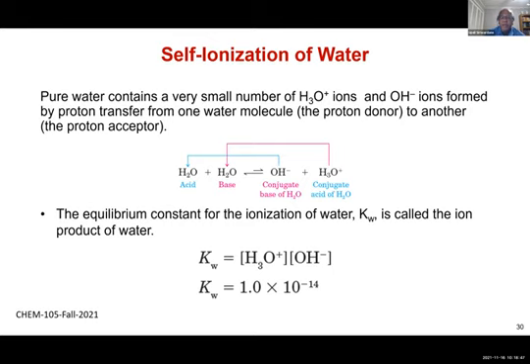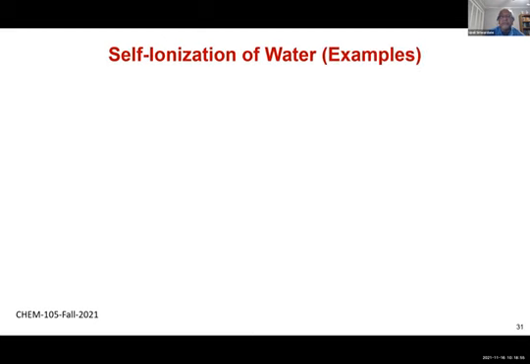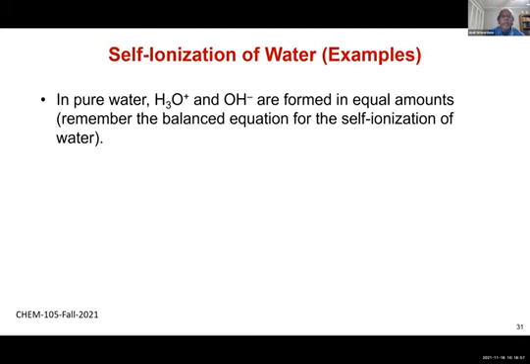So this is a very important idea for defining pH and pOH of aqueous solutions. In pure water, hydronium ion and OH ions are formed in equal amounts, as shown in the balanced equation for self-ionization of water in the previous slide.